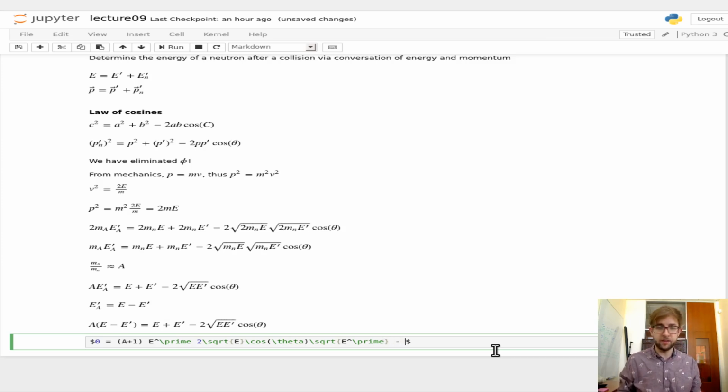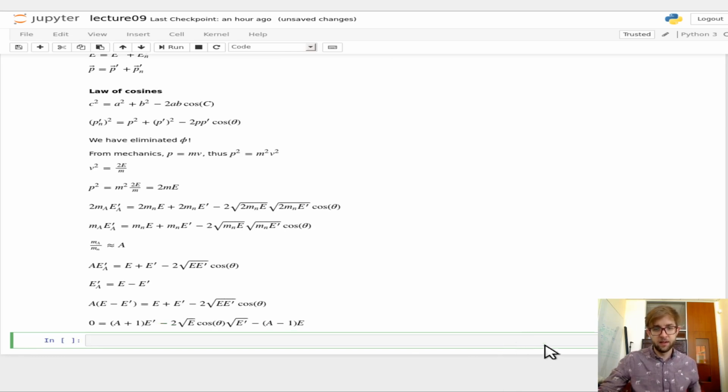And then minus the remaining terms, this has a minus here. Minus the remaining terms, which are a minus, or 1, so this is a plus E, and then this would be a minus A times E, so this is minus A minus 1 E.